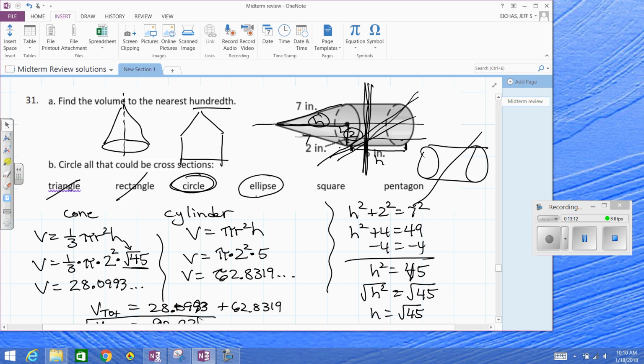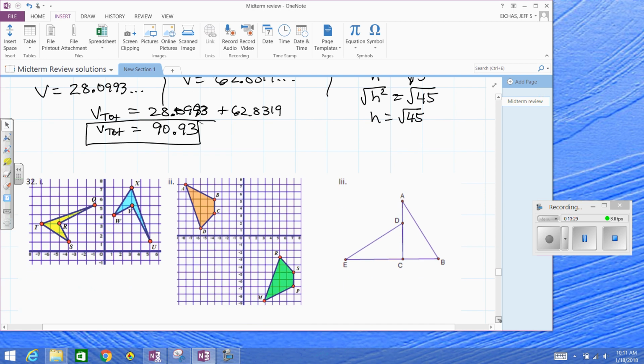So I like that as an option. I couldn't find a rectangle. I really don't think I'm going to be able to find a square. I do believe cutting right down through the middle is going to find me a pentagon, though. So looks like those are my cross sections that I could potentially see.